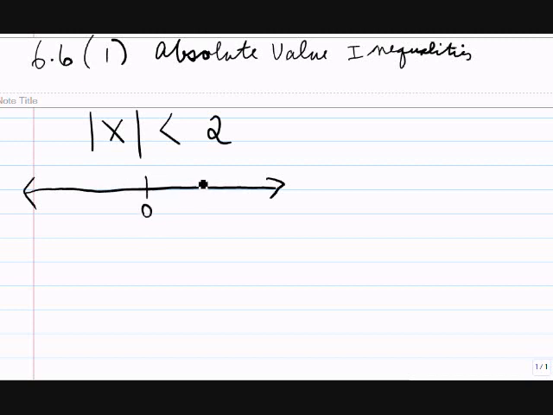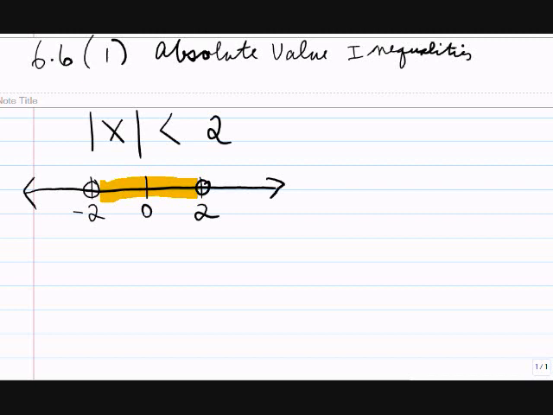So that 2 needs to be a part of my graph, and its opposite needs to be a part of the graph. So I put 2 and -2 on the graph. Because there is a less than sign with no line under it, I put an open circle. And because it is a less than, I shade in between the 2 and the -2.